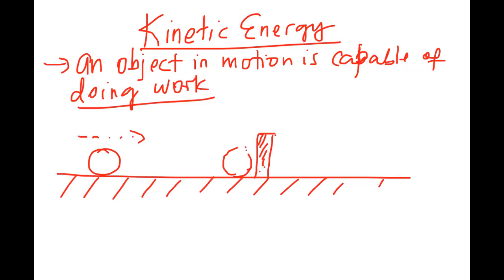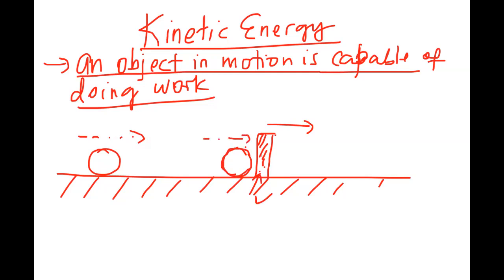So it can actually drag it through some distance. In so doing, we say that the moving ball has done work to this object. So an object in motion is capable of doing work because it can move this other object through some distance. That's what work stands for.